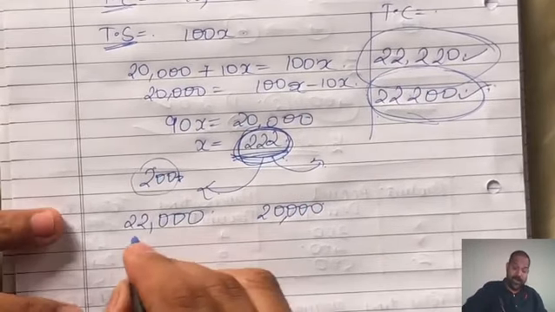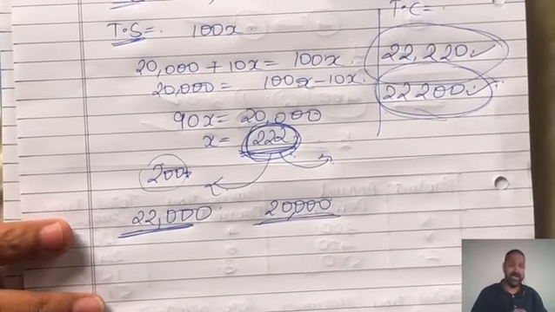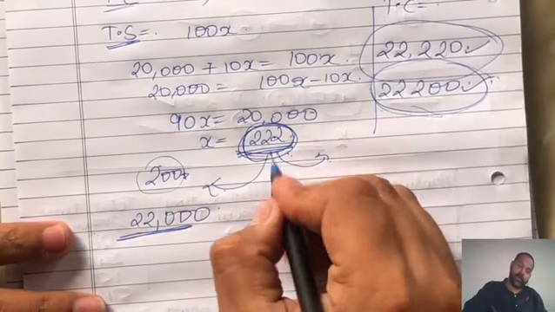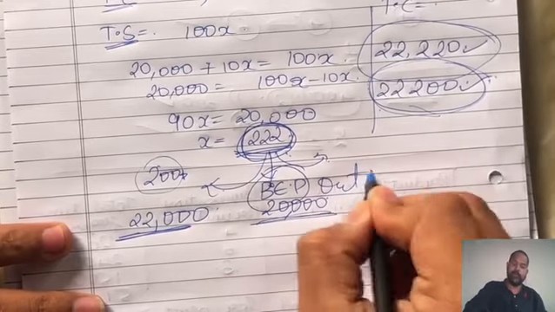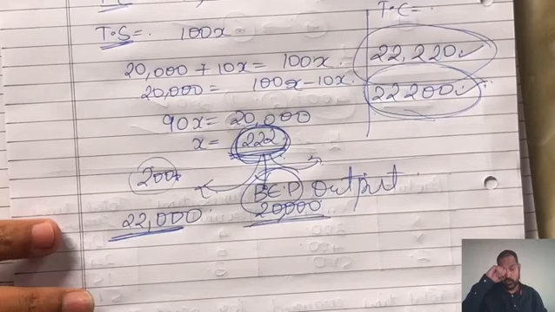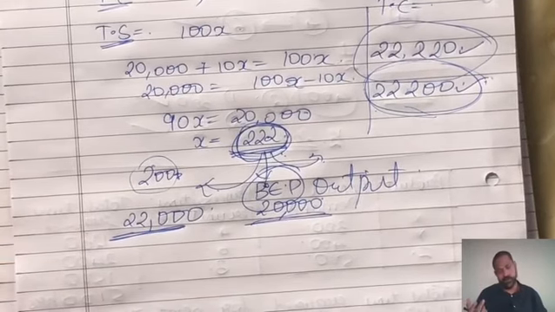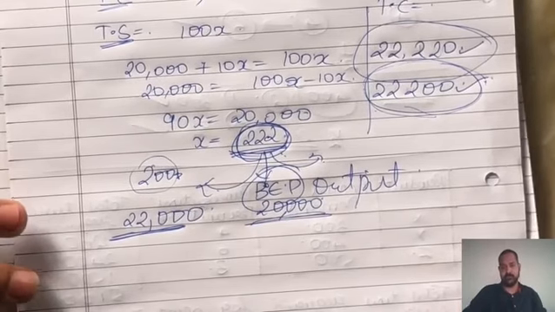So what I spent is 22,000 and what I got back is 20,000. Isn't that a loss? And that is why 222 becomes the break-even point of quantity or output. At 222 units, you will have neither profit nor loss. If you produce more than 222 units, you will have profit. Less than 222 units, you will have loss.